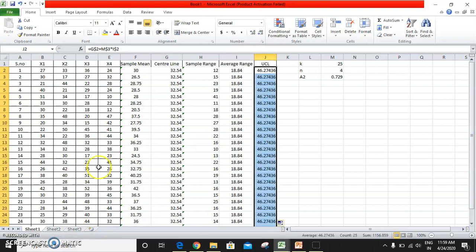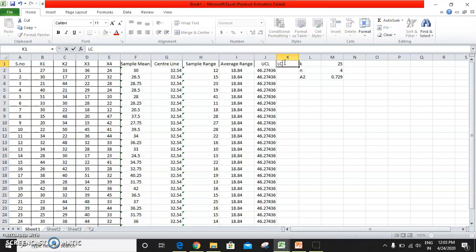Okay, now we will try to find out the lower control limit. For the lower control limit, again using the formula, your X double bar, that is your central line, minus A2 into your R bar value, this one.